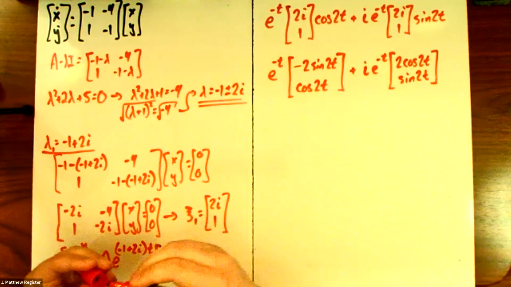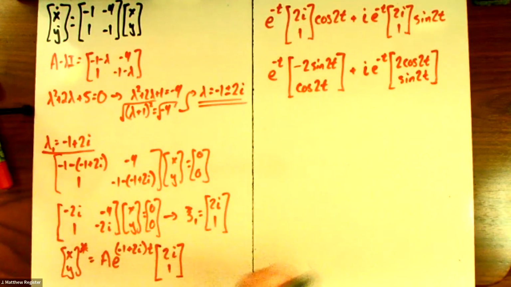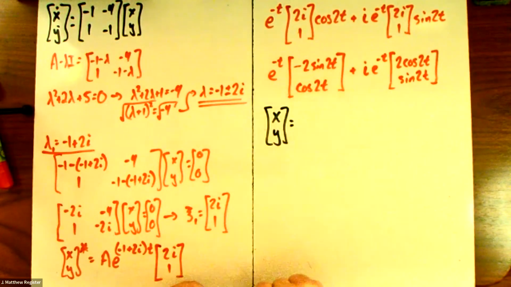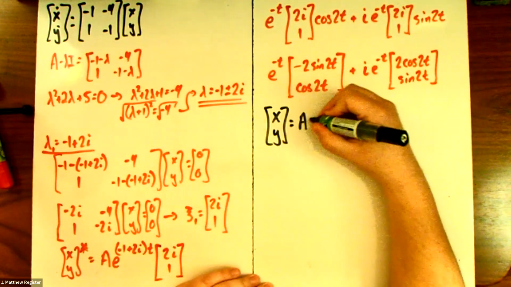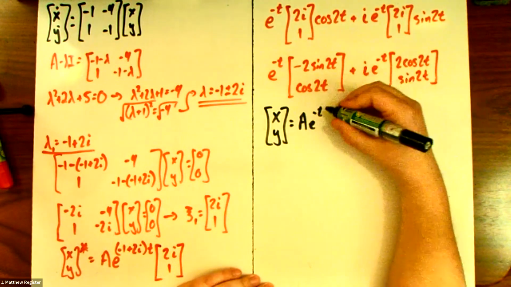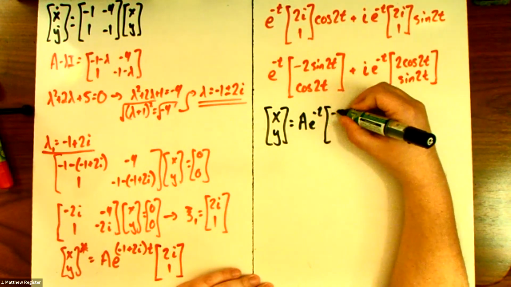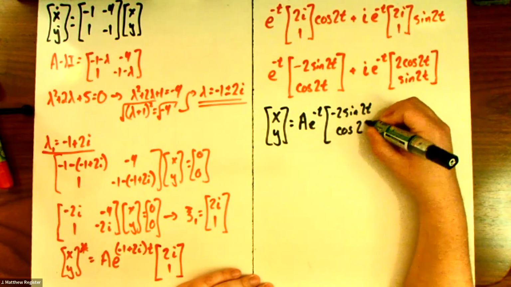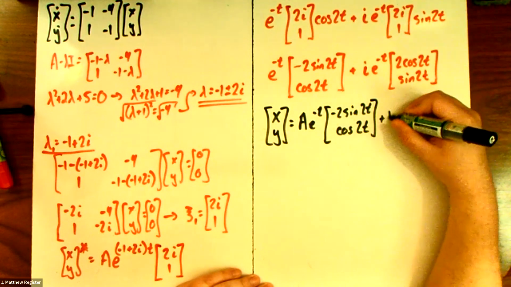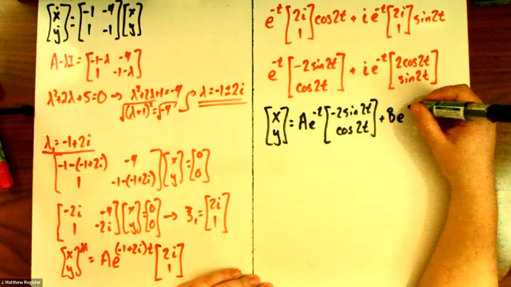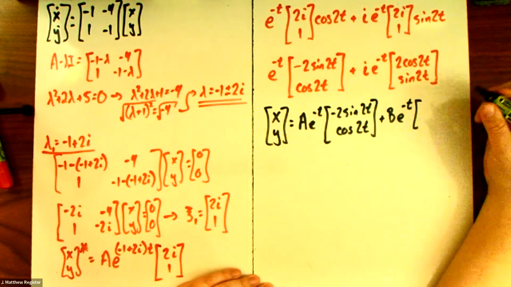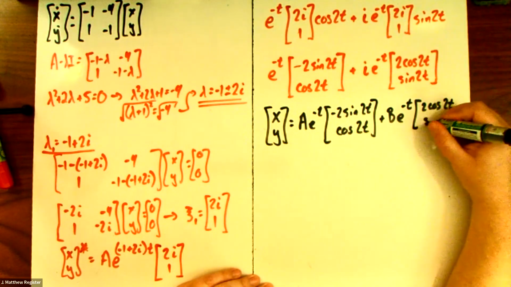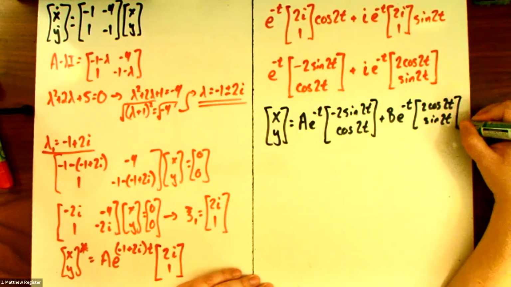And so our final solution for this is going to be x, y equals a e to the negative t times negative 2 sine of 2t, cosine of 2t, plus b e to the negative t times 2 cosine of 2t, sine of 2t.